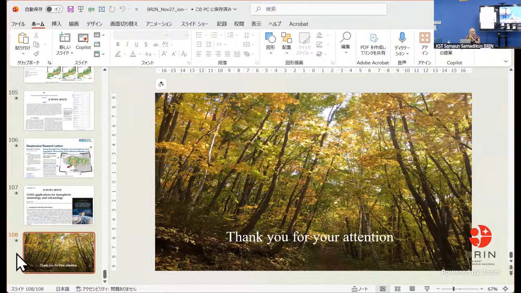And also there's GNSS radio occultation measurement by using low Earth orbiting satellites. There are many reports already published about the detection of earthquake-related signals by using the GNSS radio occultation method.